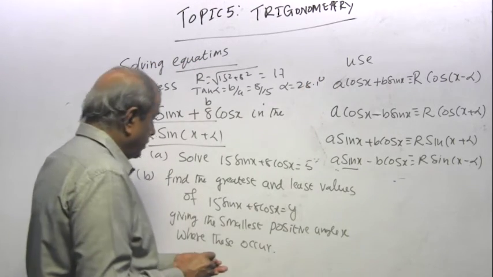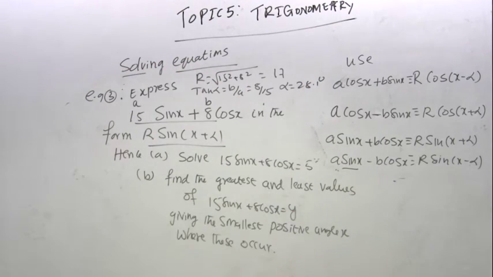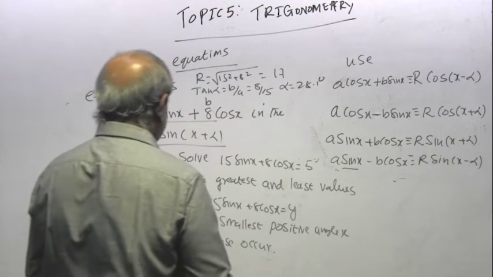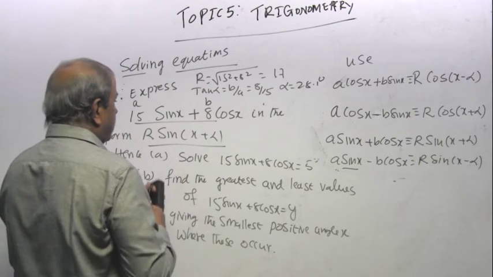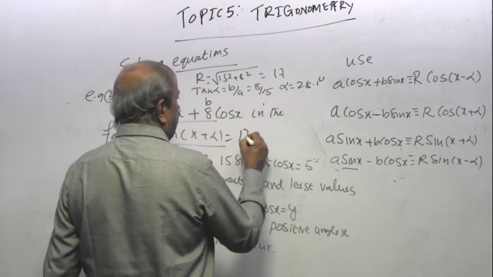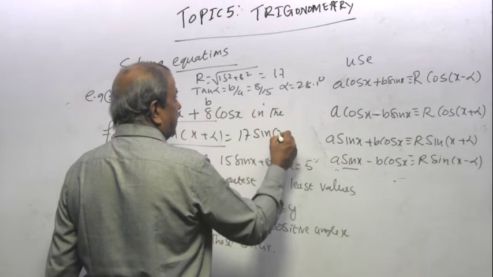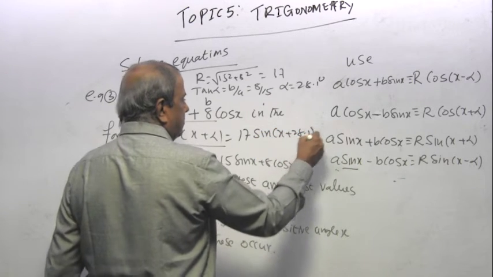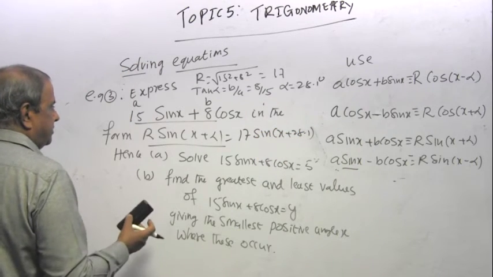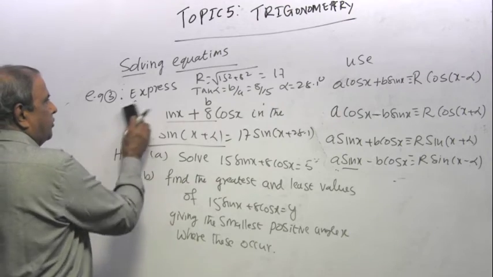Okay. So having got that, now I have expressed this in the form. So you write this as 17 sin(x plus 28.1). So I'll just rub this off.